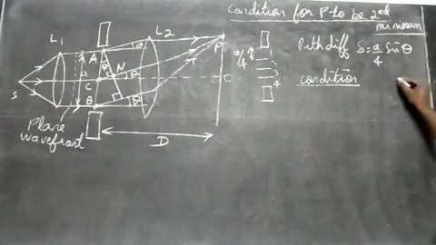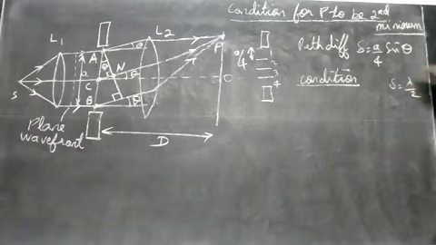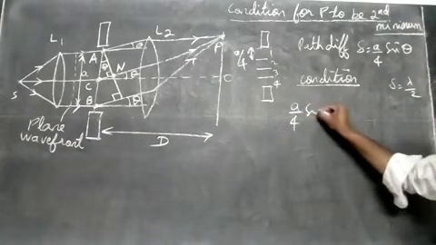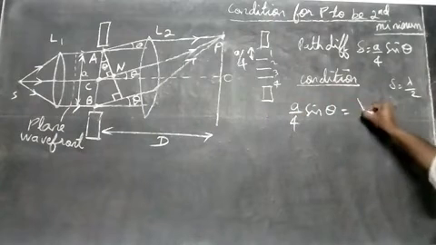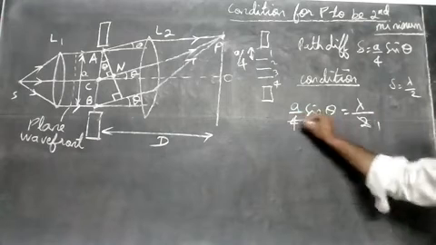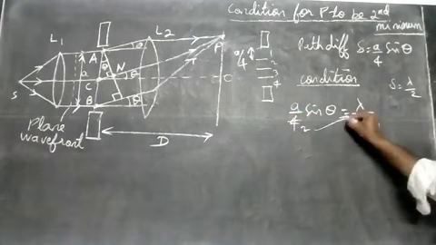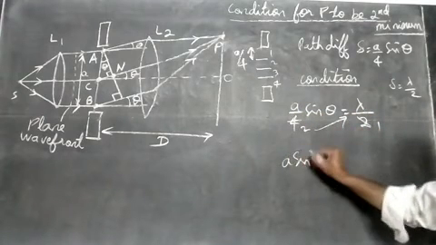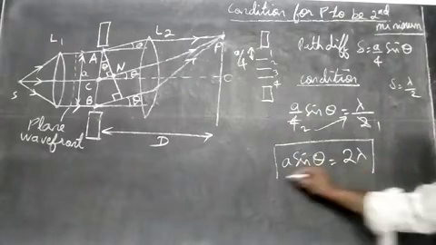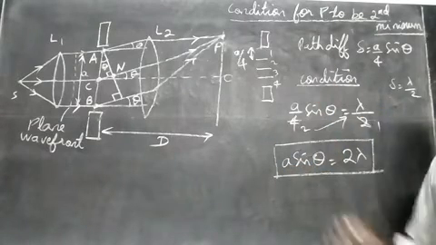So we equate these two: A by 4 sine theta is equal to lambda by 2. Now we can cancel easily: 2 ones are 2, 2 twos are 4, and bring the 2 upwards. So we get A sine theta is equal to 2 lambda. This is the condition for the point P to be the second dark fringe.